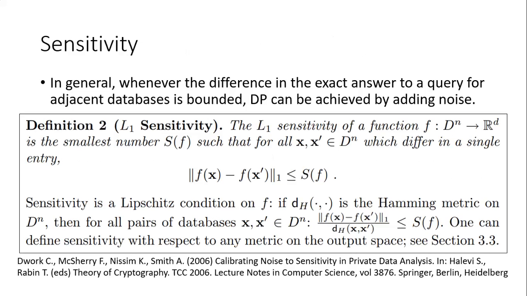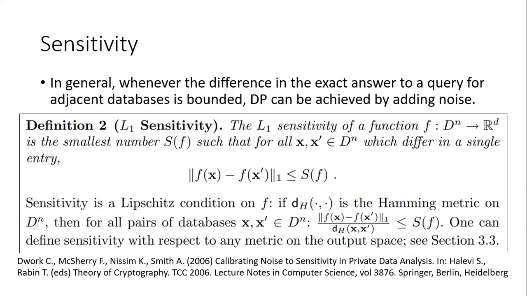If I go back to this slide right here, the sensitivity of your query function is the most it can change on adjacent databases. If you have two databases that have 1,000 rows and 999 of those rows are the same, but one row is different, and the values all have to be between 0 and 120, then the average value on 1,000 values can only change by 0.12, 120 over 1,000.